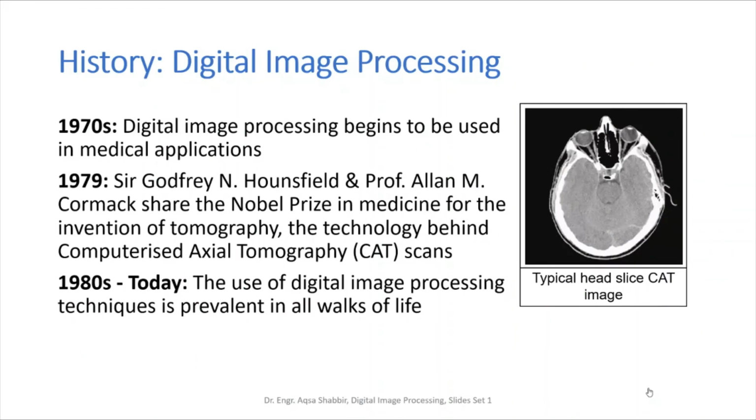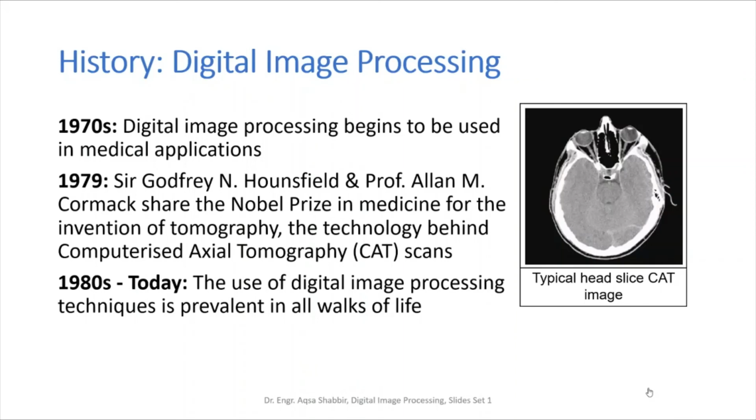In the 1970s, digital image processing became even more important as it found application in the medical field. In the year 1979, Sir Godfrey Hounsfield and Professor Allan Cormack shared the Nobel Prize in Medicine for the invention of tomography, which is the technique behind the CT scan.